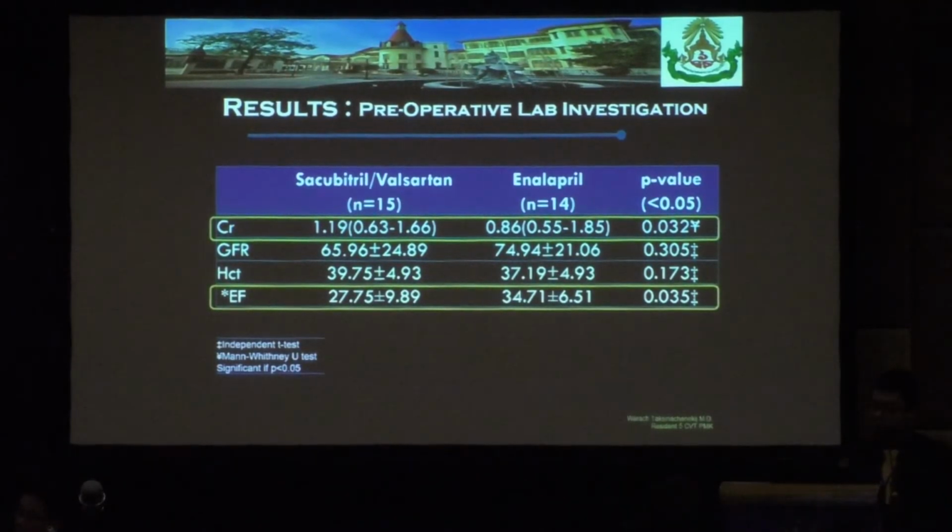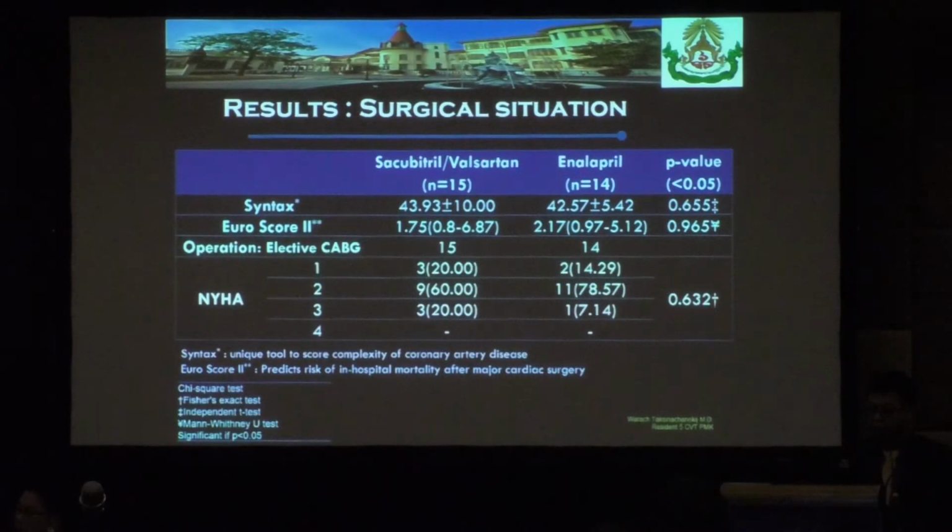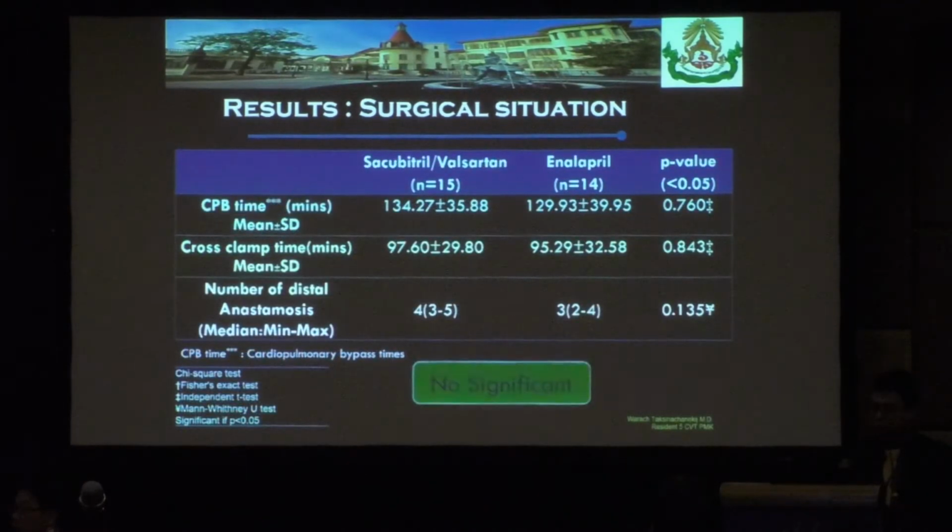But in pre-operative lab investigation, the enalapril group was better than the sacubitril valsartan group in creatinine and ejection fraction. In surgical data, there is no significant difference between the 2 groups in SYNTAX score, EuroSCORE, New York Heart Association classification, cardiopulmonary bypass time, cross-clamp time, and number of distal anastomoses.